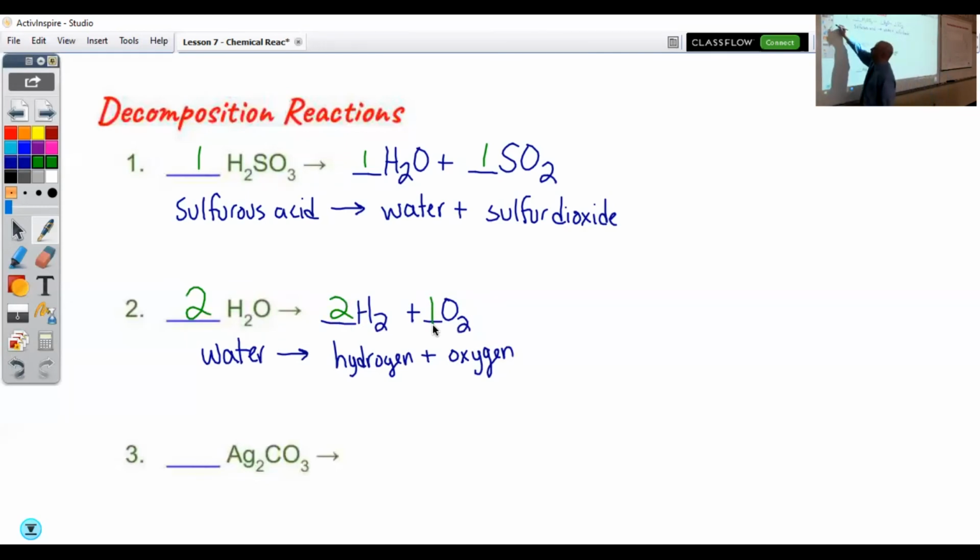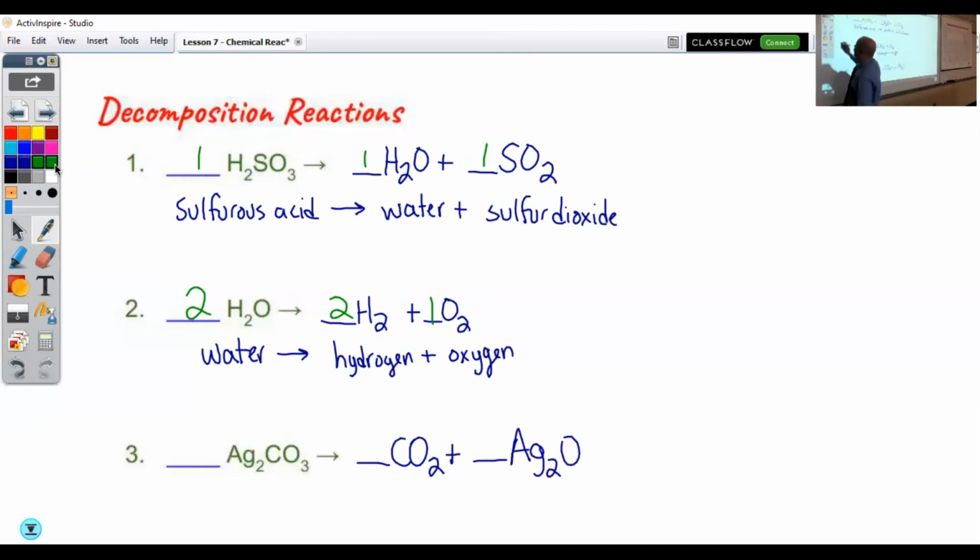In our third example, we have silver carbonate, a metal carbonate. So that metal carbonate is going to form carbon dioxide as one of its products, so that's CO2. The other product is what is left over. So we have silver and one more oxygen, so we have silver oxide, so that's Ag2O.